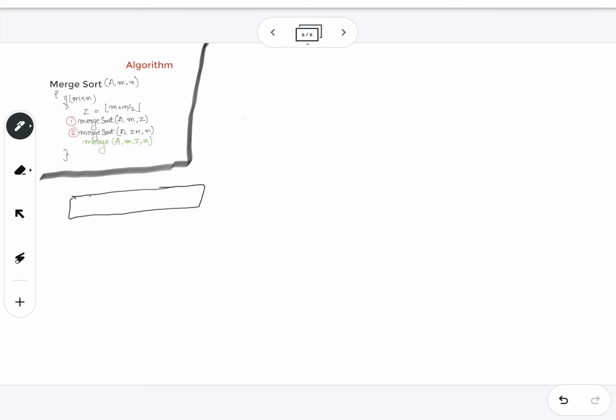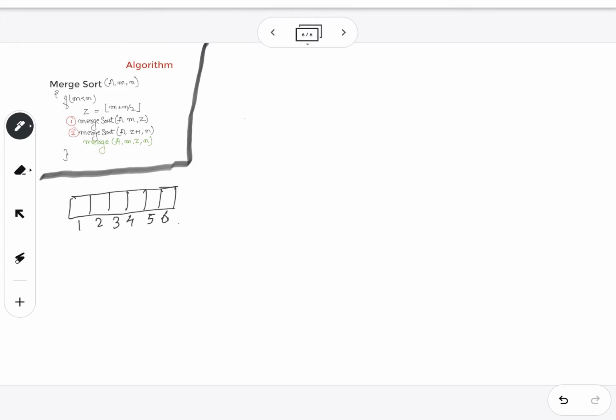Now let's take an array 1, 2, 3, 4, 5, 6, 7, 8. To understand this algorithm, let's bring it down to a smaller size, an array of 6 elements. So these are the six elements.